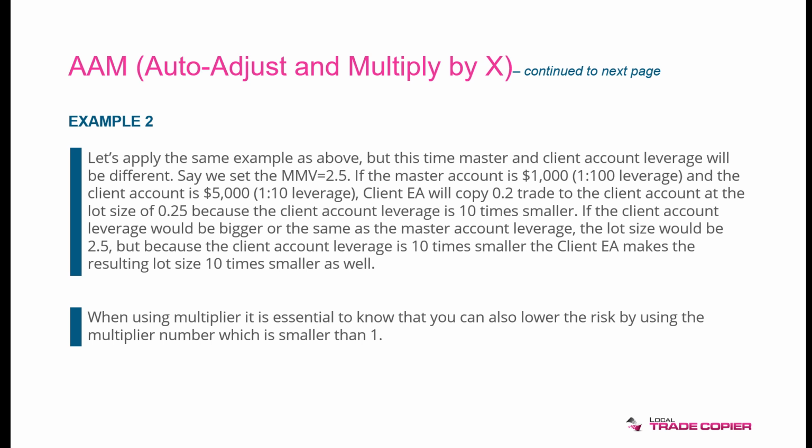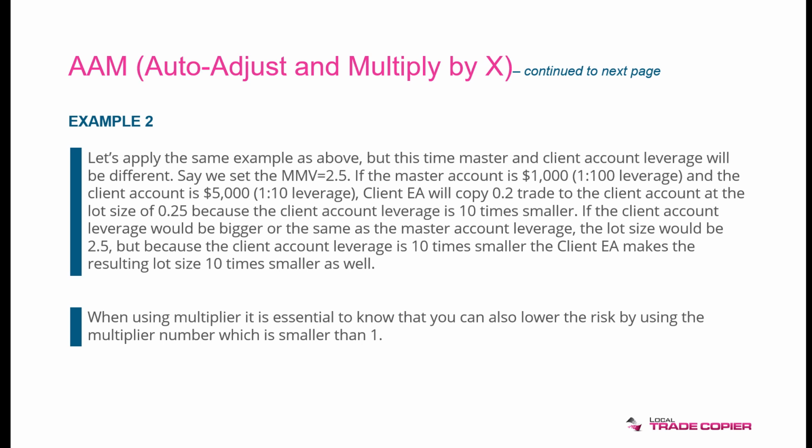So it's 10 times smaller leverage of the client account. So the 0.2 lot size trade will be copied at 0.25. Here's why. It's because the client account leverage is 10 times smaller. If the client account leverage were bigger or the same as the master account, the lot size would be 2.5, like in the previous example.